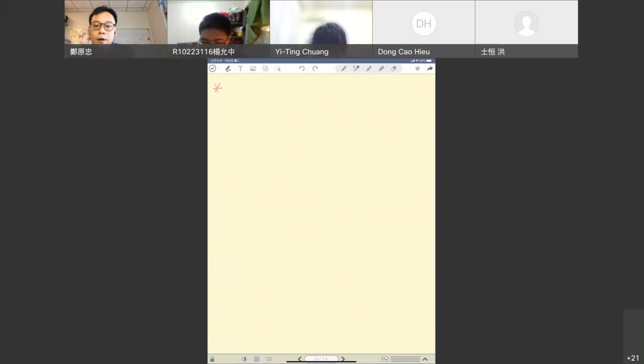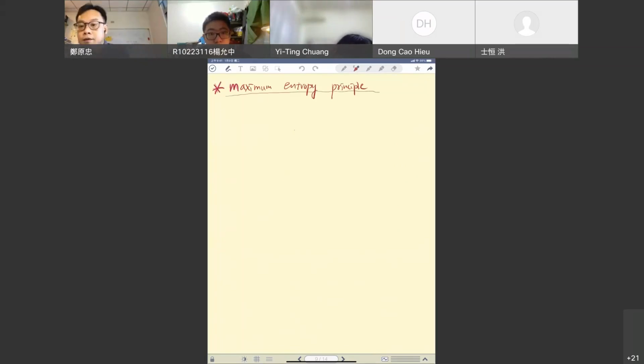So we will talk about consequences of those two results. And the first one I want to talk about is called the maximum entropy principle. The second law is very useful in predicting the directionality of reactions.